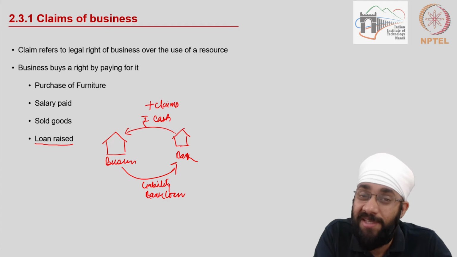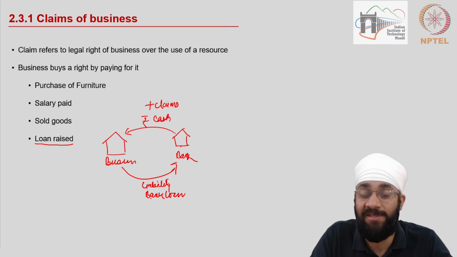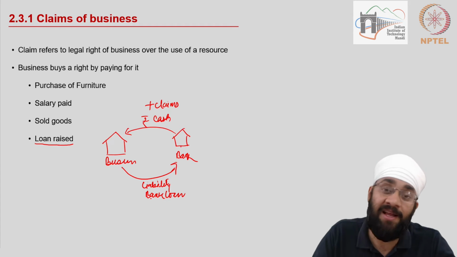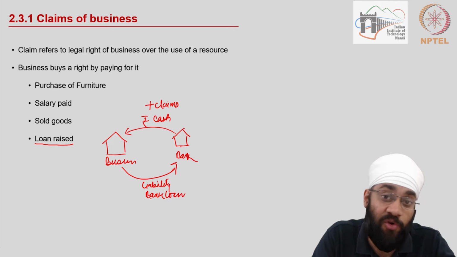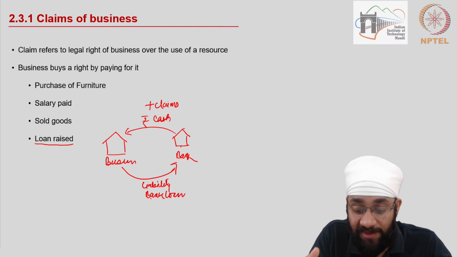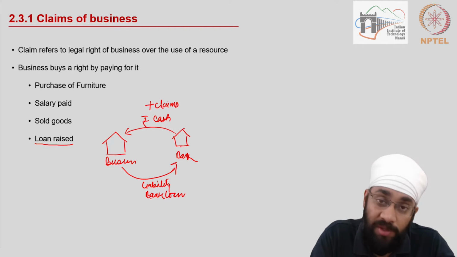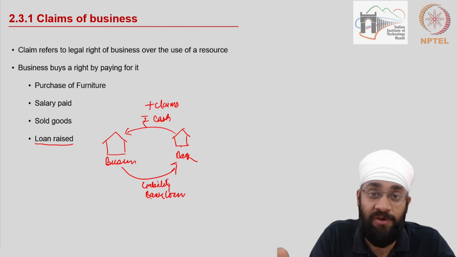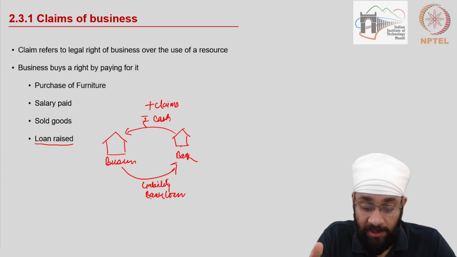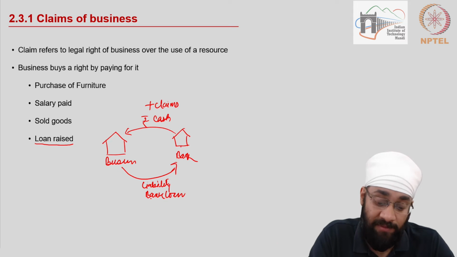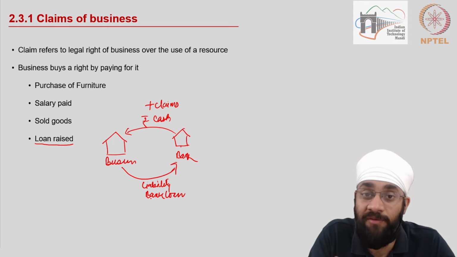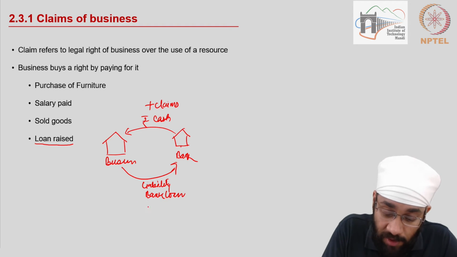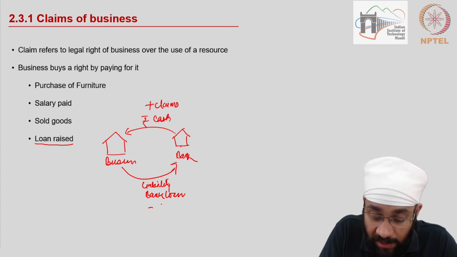In other words, the business's claims are going down because an external party has claims on the business. If you do not repay the loan, then the bank can sue the business, and then legal machinery can be put to move, and the bank would recover money from the business. So claims of the business are going down on the other hand.